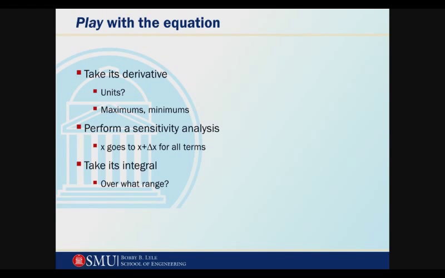Then you might say, well, what happens to the equation if I put x plus a very, very small deviation or perturbation on that x, delta x? So in other words, if x is 17, what happens if I put x equal to 17 plus maybe 1/10?